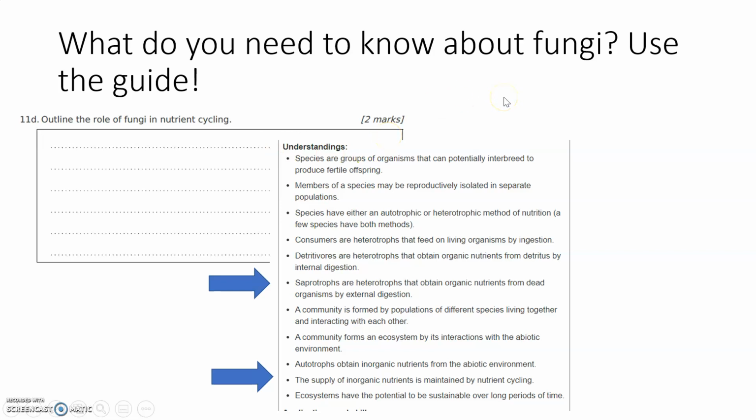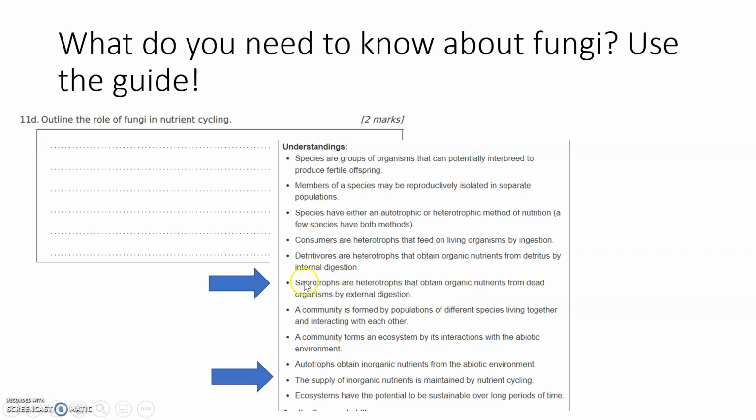So you would need to know a bit about fungi. You would need to know that there are saprotrophs and what defines a saprotroph. And you would then also need to draw on this down here, that the supply of inorganic nutrients is maintained by nutrient cycling. So these two understandings are what they want you to show.